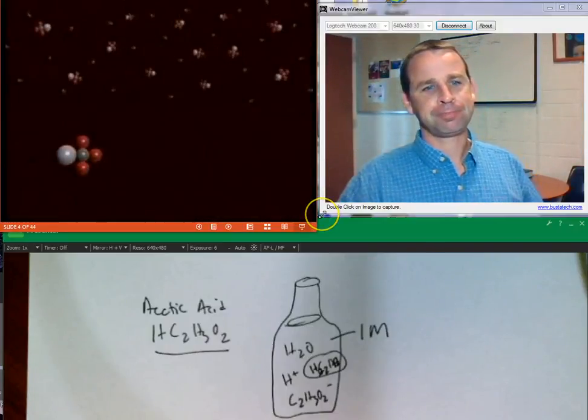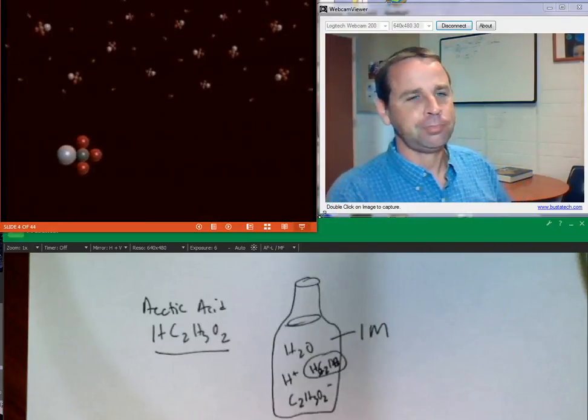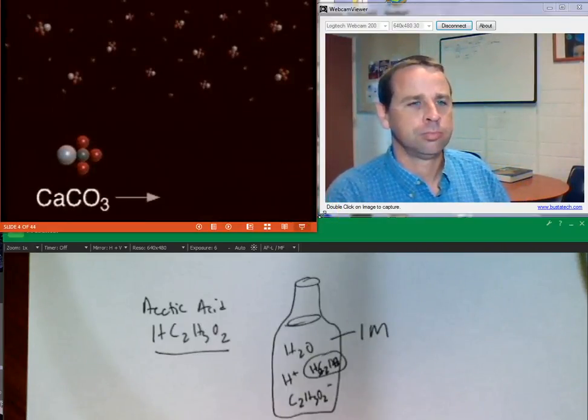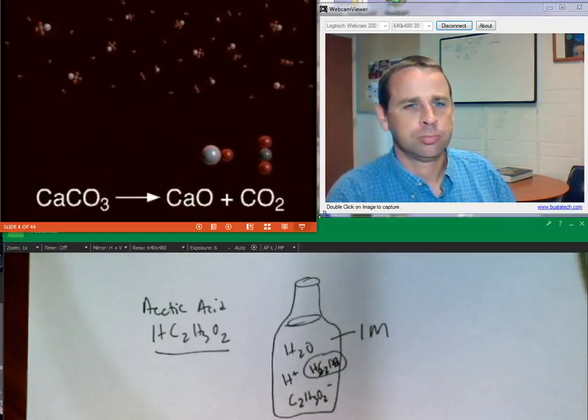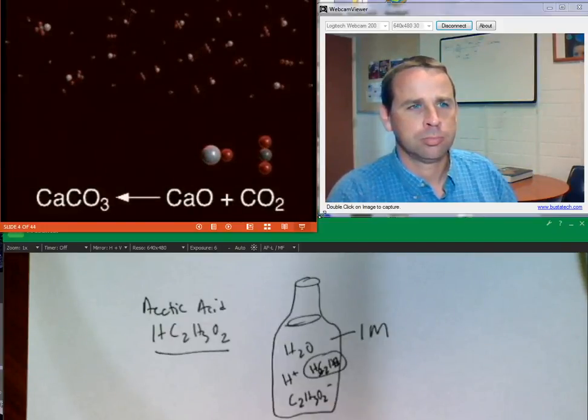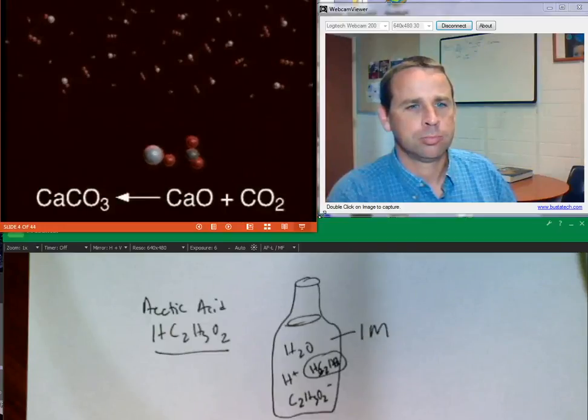When heated in a closed system, calcium carbonate will decompose to form calcium oxide and carbon dioxide. As the amounts of calcium oxide and carbon dioxide increase, a reverse reaction occurs, and calcium carbonate is resynthesized.